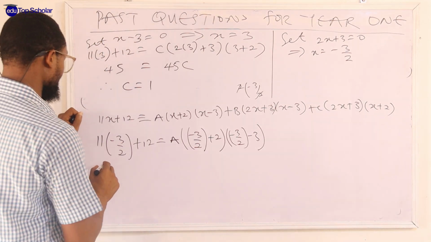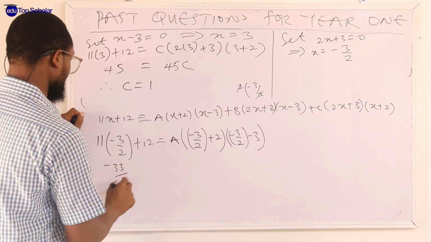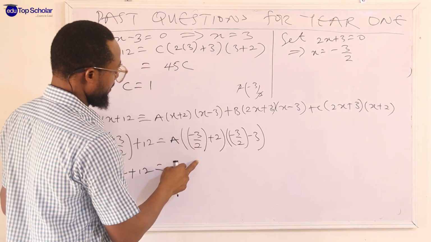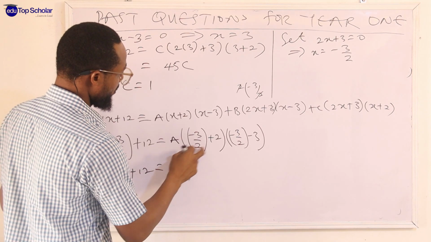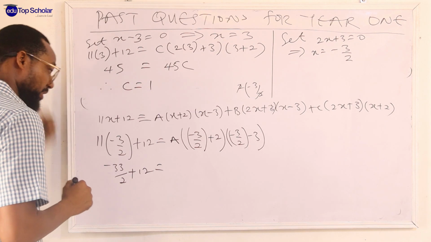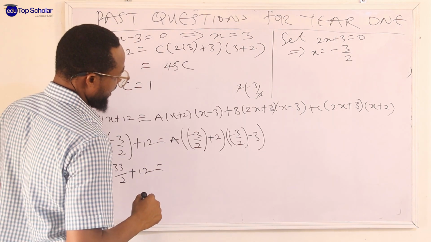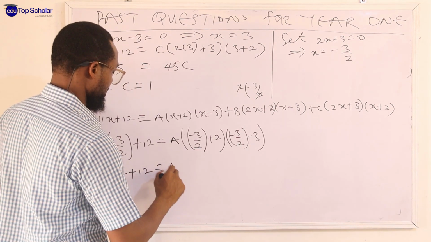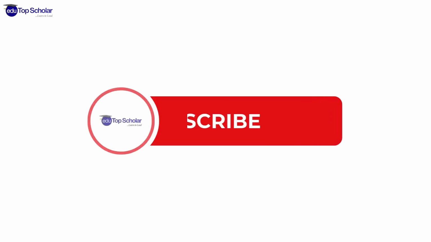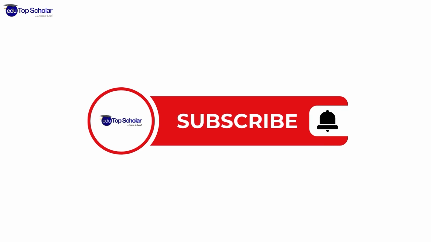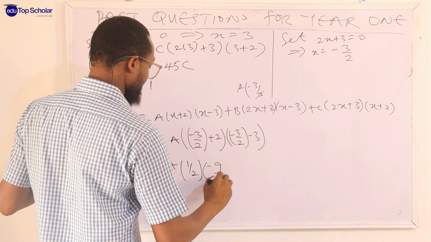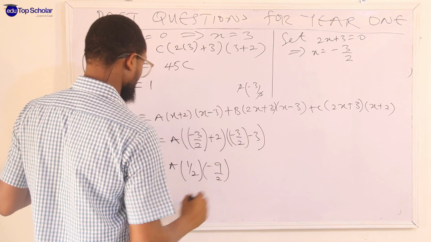Now we have minus 33 over 2 plus 12 equals, this one will be 2 times 2, 4. 4 minus 3, that's 1, all over 2. This will be a into half multiplied by minus 6 minus 3, that will be minus 9. This one is minus 9 over 2.